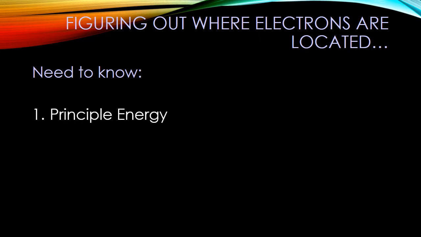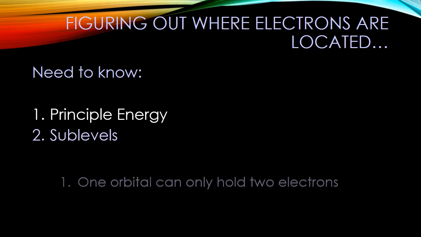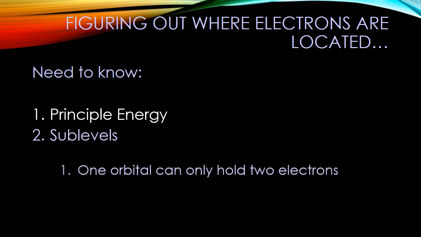We're going to need to know, one, what a principal energy level is. We're also going to need to know what a sublevel is. And you need to know that only one orbital can hold 2 electrons. That's like a rule. Think of it this way. I like to think of the principal energy level as being like a floor on an apartment building.